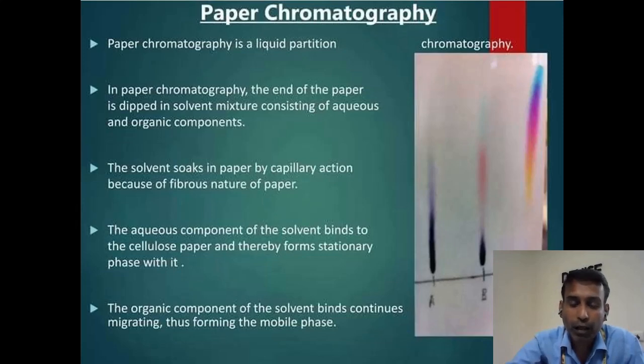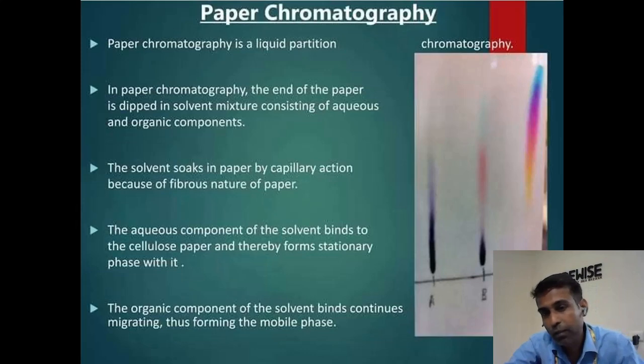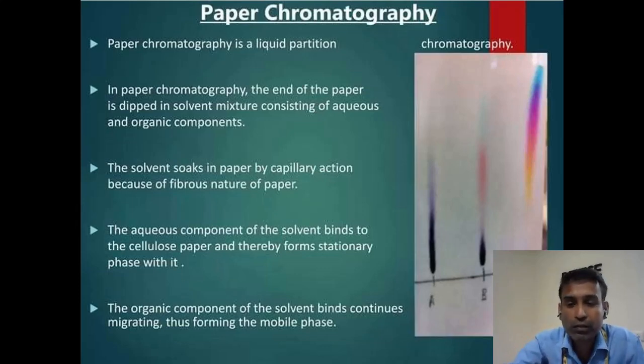The spotted area will be at the bottom of the layer. Here we have spots A, B, C, and we can view the movement of the molecules from the bottom of the paper.